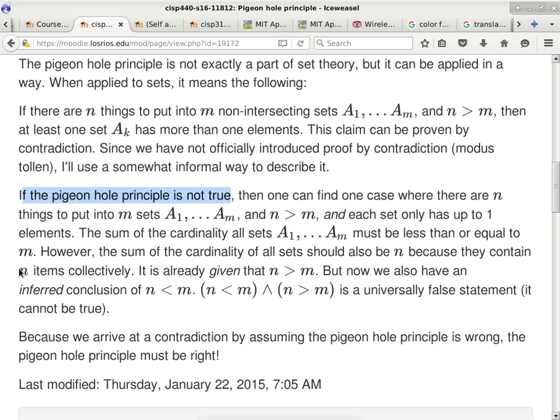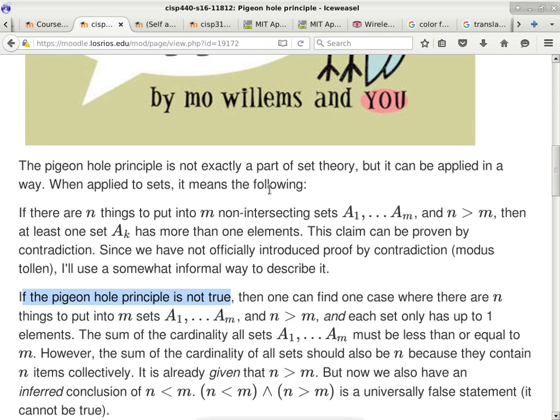When you say a set only has up to one element, that's the negation of the pigeonhole principle. In the pigeonhole principle, when you have more items than there are containers, the theorem says that at least one container has more than one item in it.